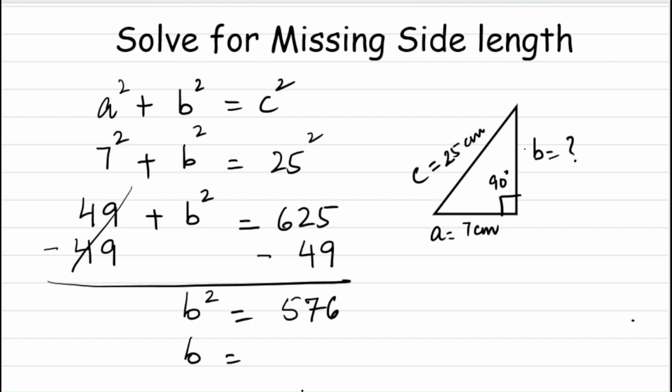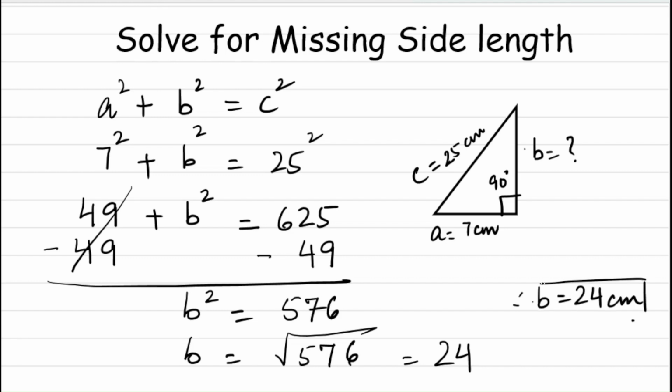So what will be the value of B? As I told you, we will take the square root of 576, and the square root of 576 is 24. So the value of B is 24 centimeter. Easy. Write the Pythagorean theorem, plug in the values, and square them.